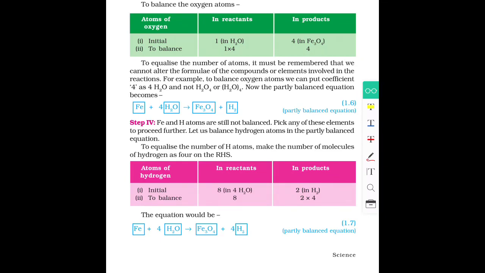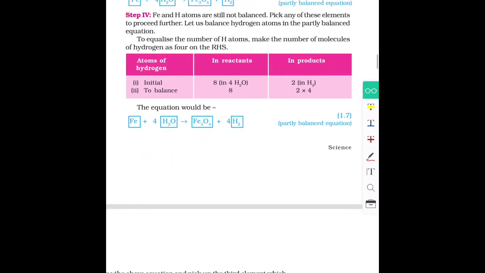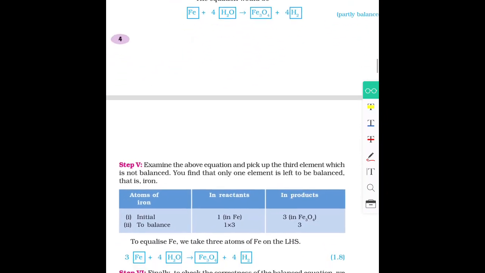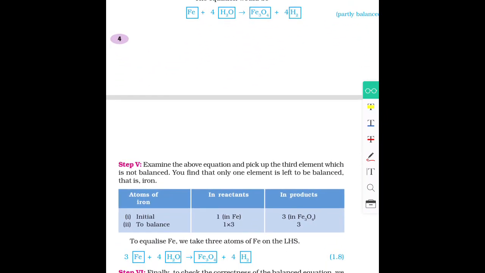We need to further check the elements, any which is not still in the same number. Examine the above equation and pick up the third element which is not balanced. You find that only one element is left to be balanced, that is iron.